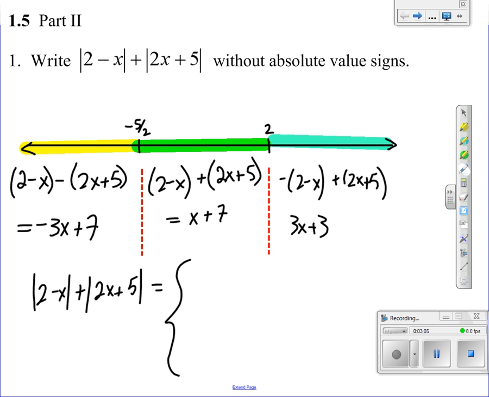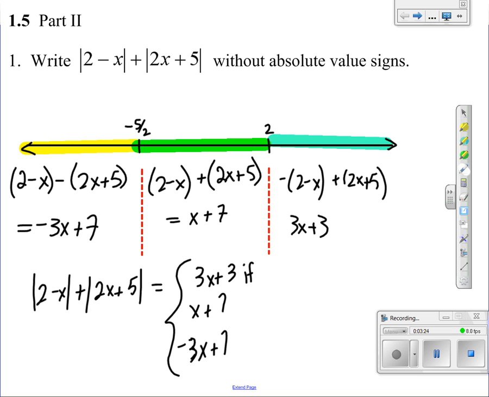And I will start with the positive version. So it will equal 3x plus 3, or it will equal x plus 7, or it will equal negative 3x plus 7. Sorry about that, x. It's not excellent.